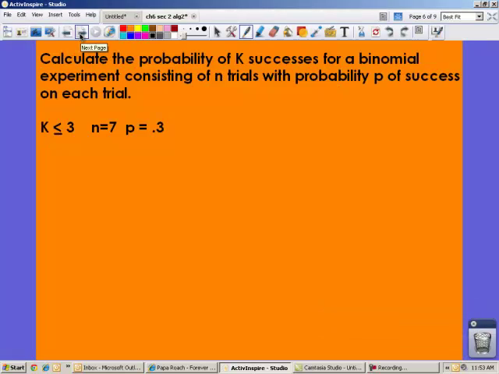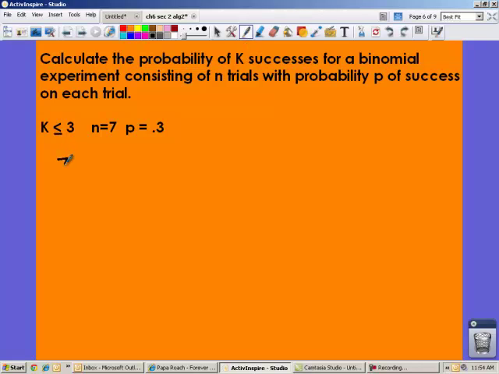Now we're going to calculate the probability of k successes for a binomial experiment consisting of n trials with probability p of success on each trial. Okay, so the only difference here is that they don't give k equals 3, they give k less than or equal to 3.